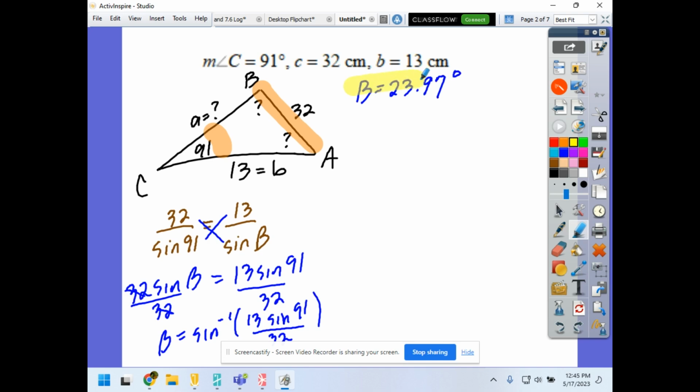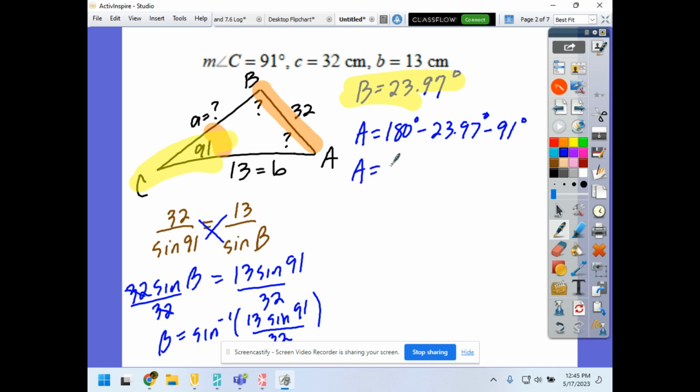Since I now know angle B and I have angle C, I can find angle A easily by subtracting their sum from 180. So to get angle A, 180 minus 23.97 minus 91 degrees. So angle A is 65.03 degrees. Okay. Now we have angle A.